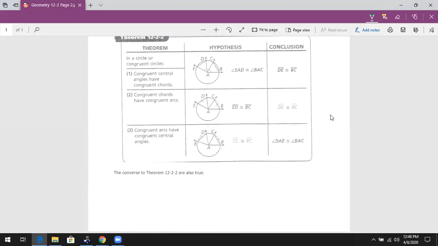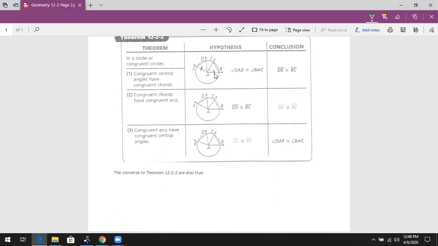Theorem 12.2.2 has three parts to it, but it says in a circle or congruent circles, congruent central angles have congruent chords. So if these central angles are the same, so are chords CB and DE. Now that basically has to do with congruent triangles.